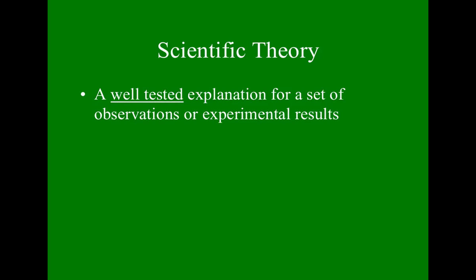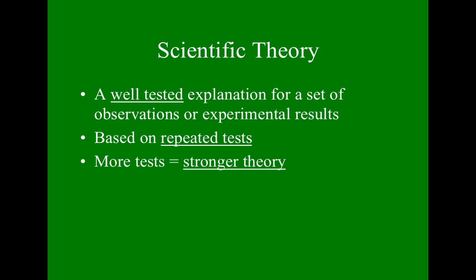A scientific theory is a step up, or sometimes we just call it a theory. This is a well-tested explanation for a series of observations or experimental results. They are based on repeated tests, and the more tests that we have conducted, the stronger our theory is.